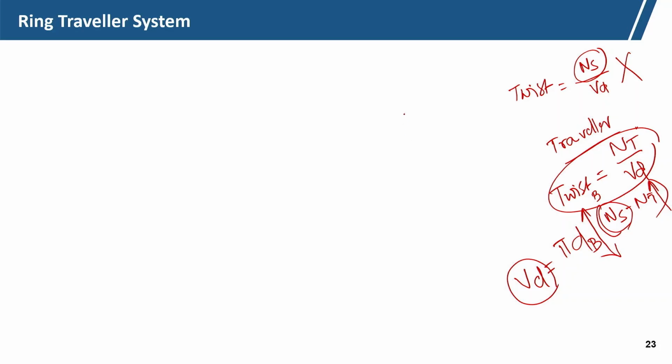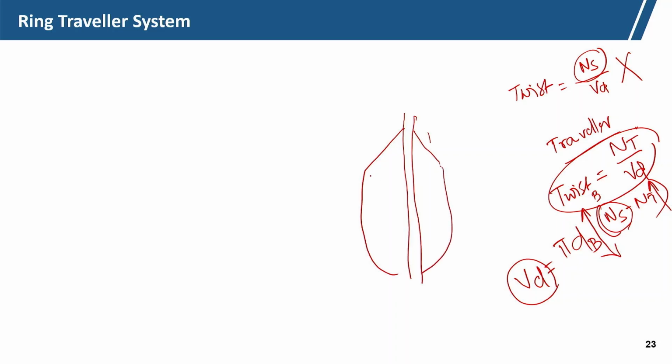Now, if we see only one stroke, only one traverse, this is the package. Here the ring rail is moving upward.